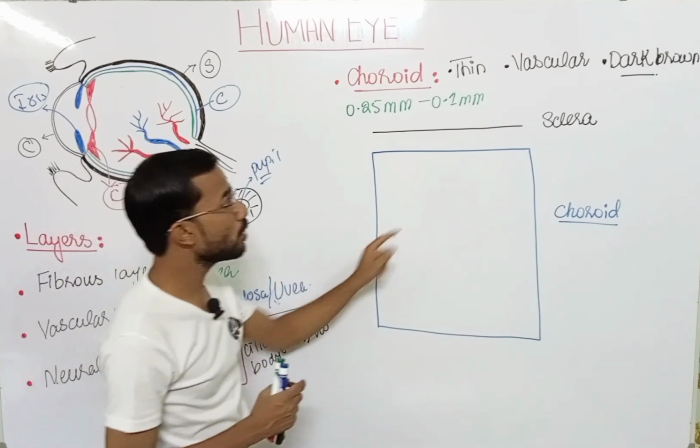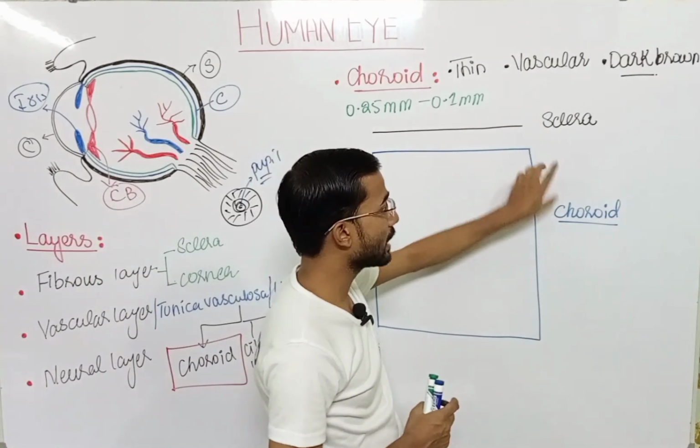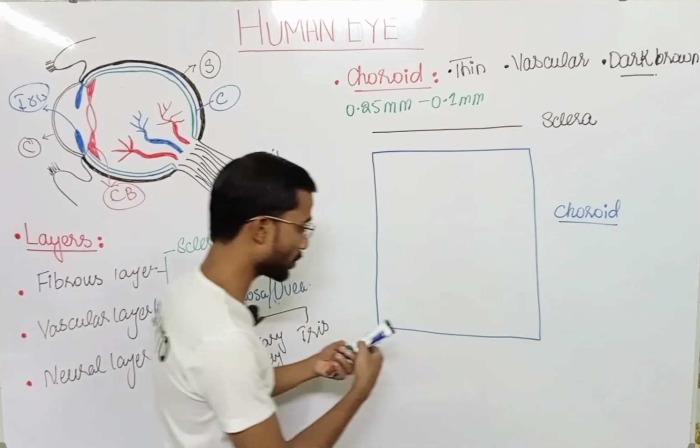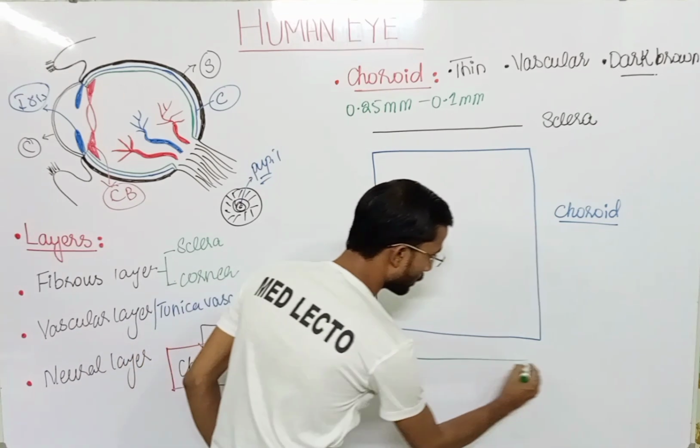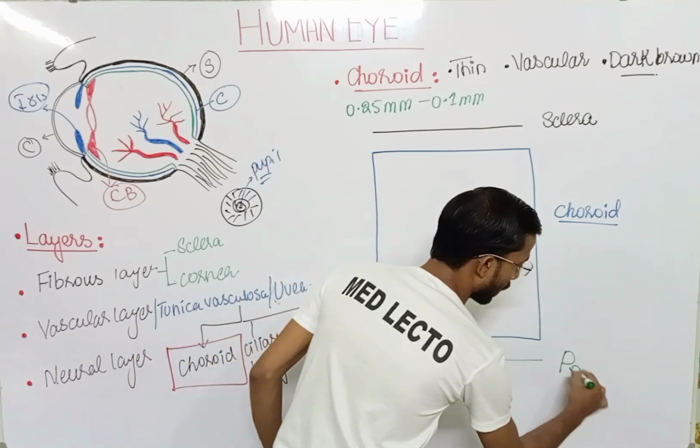The outermost is the sclera, and the last layer is the retina.